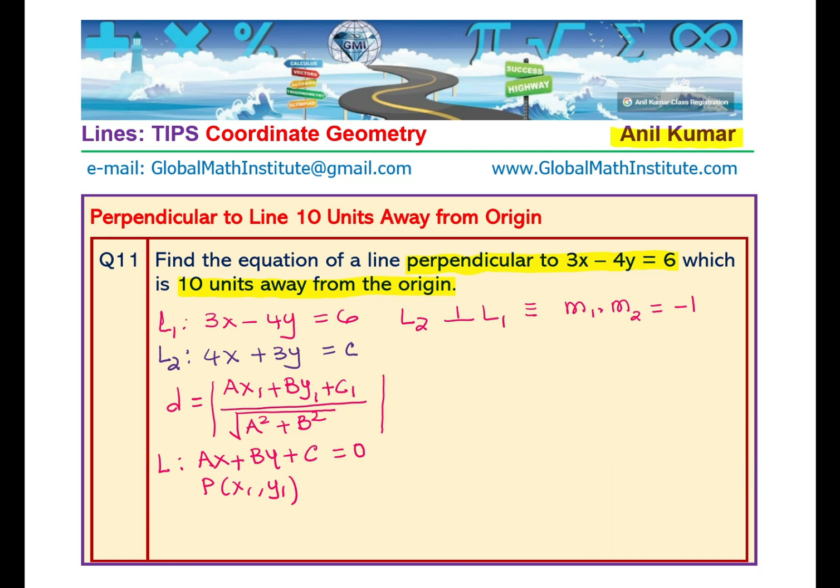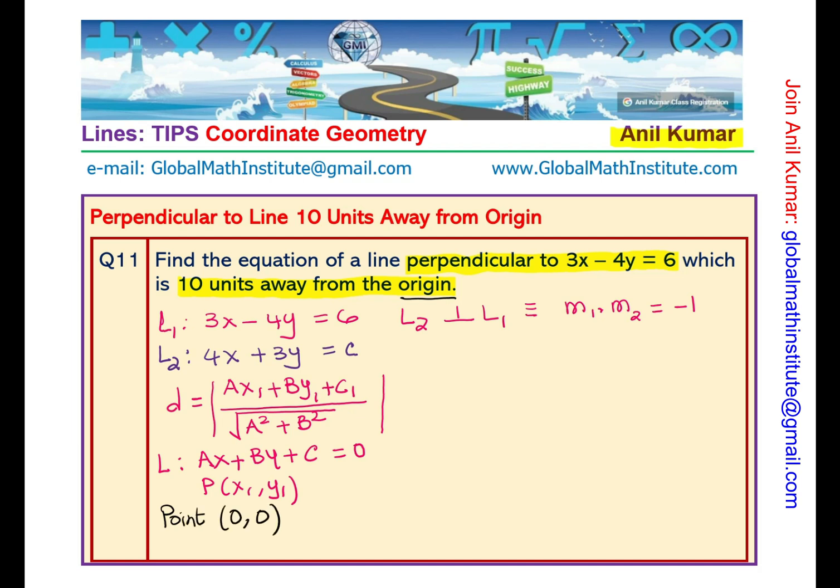And in our case, we are given a point which is the origin, which is 0, 0. So in this equation, we have the equation L2, 4x plus 3y equals c.